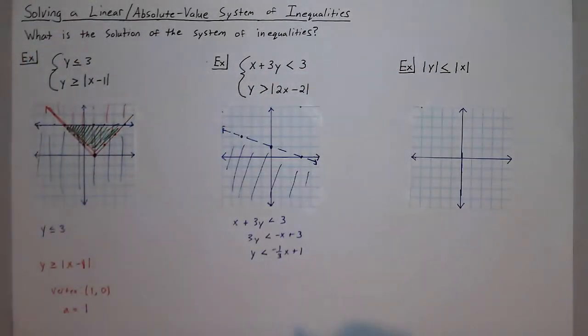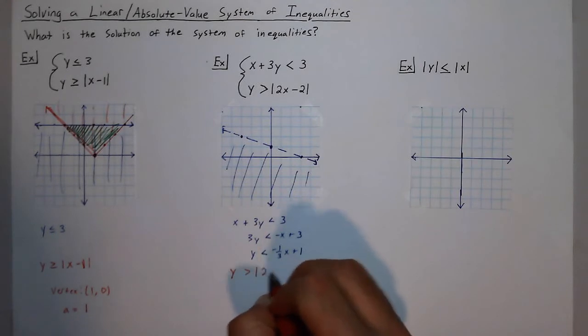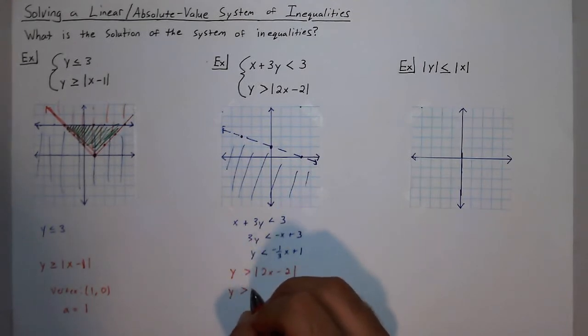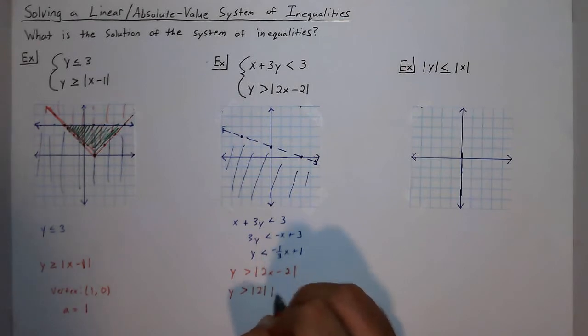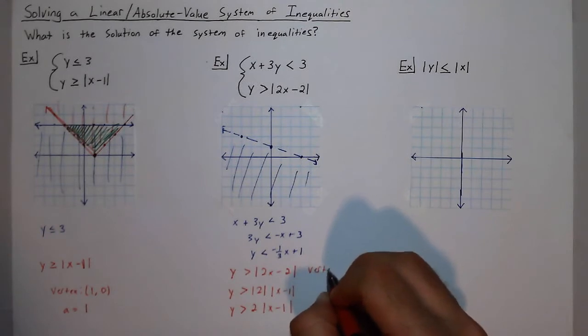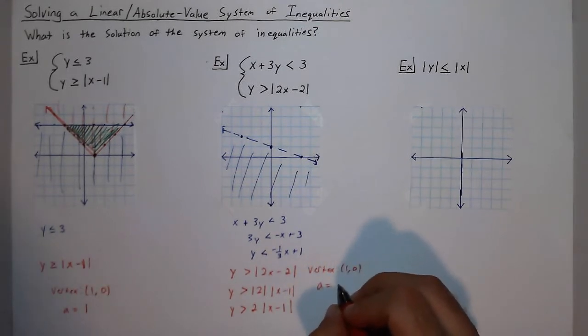For my absolute value inequality, I will need to factor out a 2 to start. That gives me y is greater than 2 times the absolute value of x minus 1. The vertex will be 1, 0, and the slope of the branch to the right will be 2.